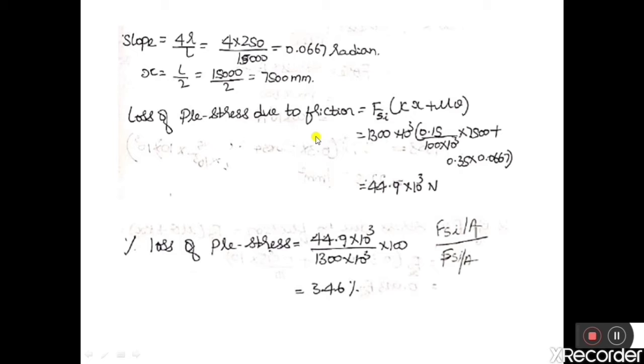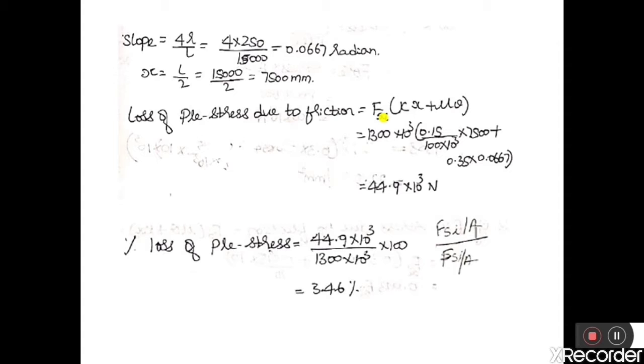So we know the formula to calculate loss of prestress due to friction. The loss of prestress due to friction is equal to Fsi into (Kx plus mu theta). Fsi is nothing but the initial prestress. But in the question, they have not given the initial prestress.